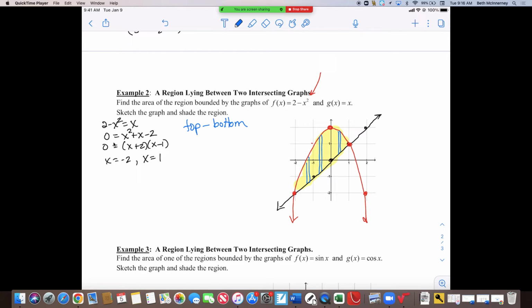So I'm going to pause a moment, and I want to see if you can set up the integral that would represent the area. See if you can get your limits of integration in there. And do the initial where you take the top one minus the bottom one. They will be looking for that. And on the next quiz, that initial setup is going to be like 2 points.